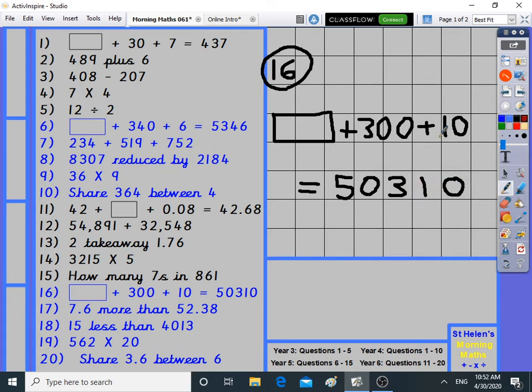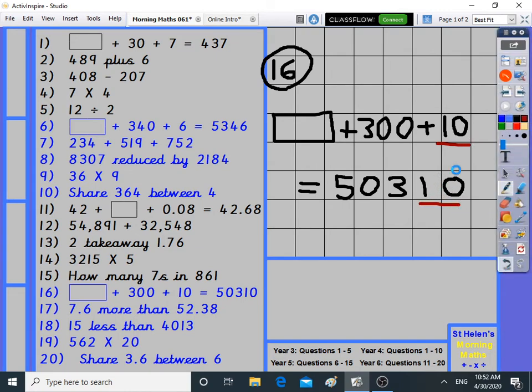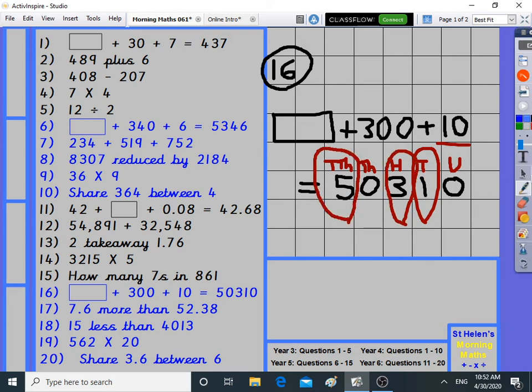So the 10 is there. That's that 10 there, isn't it? Put the hats on. T for 110. So the 10 is there. The 300 is there. It's this 5 that's missing, and it's worth 5 10,000s.